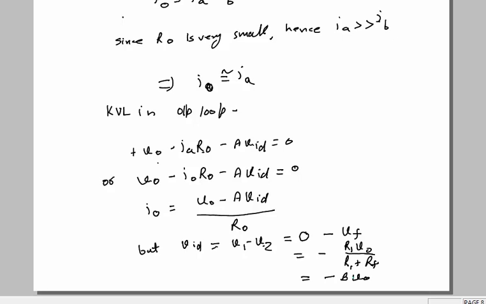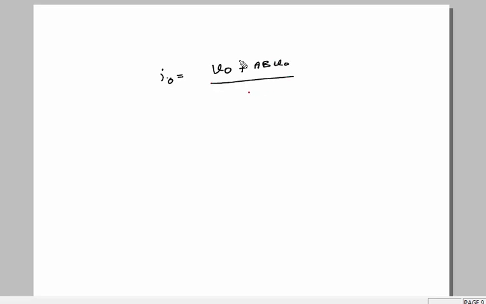Now let us put this equation in I naught. So what we get here is I naught equals V naught minus A VID, where VID is minus B V naught, and minus minus becomes plus. So plus A B V naught divided by R naught.